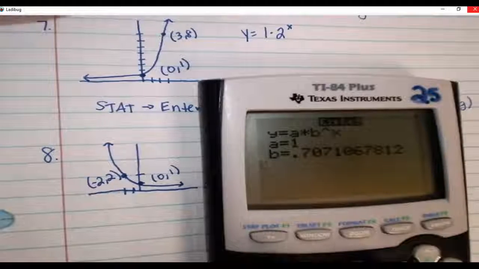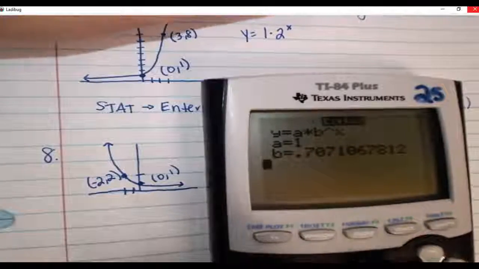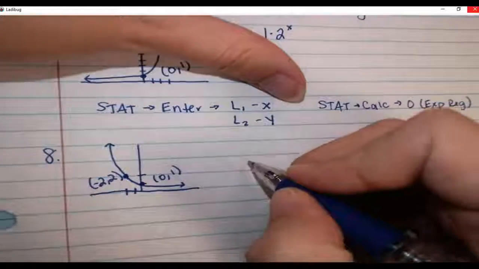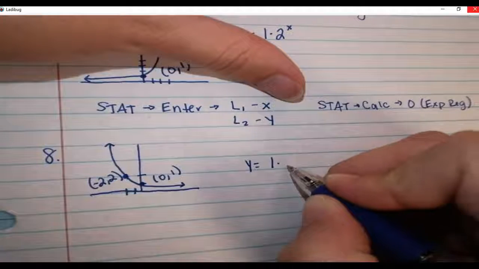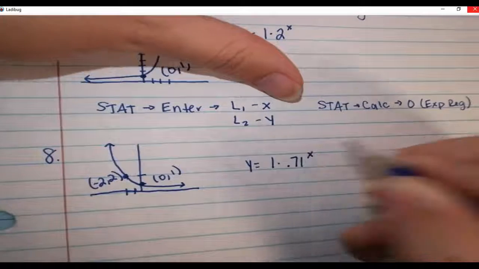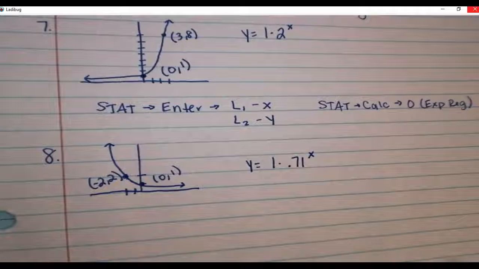So again, 1 is our y-intercept, which we could have got from our graph. And then our rate's about 0.71 to the x. Questions?